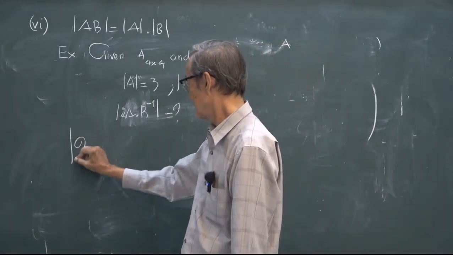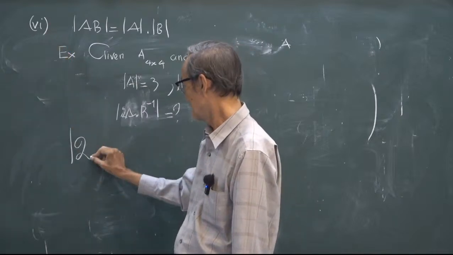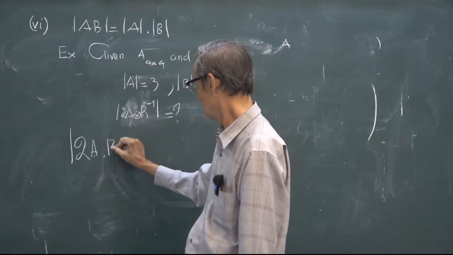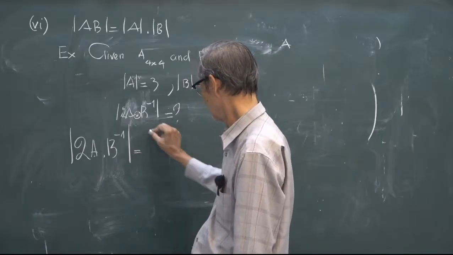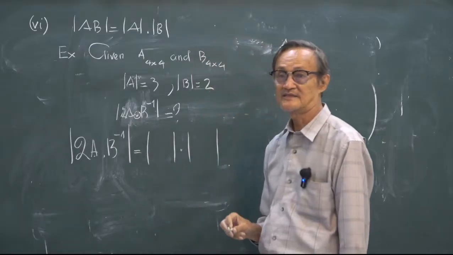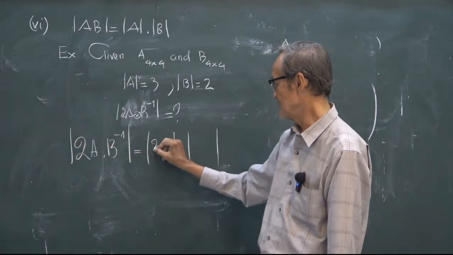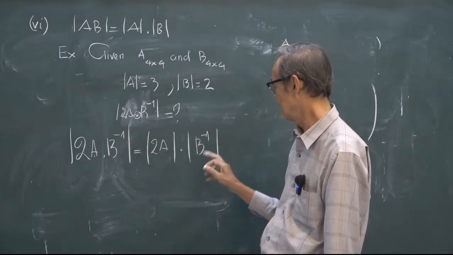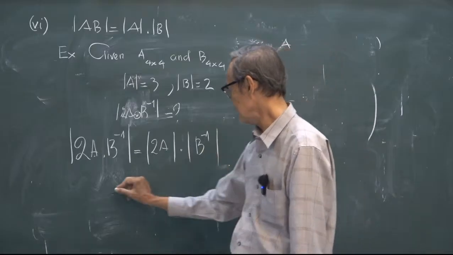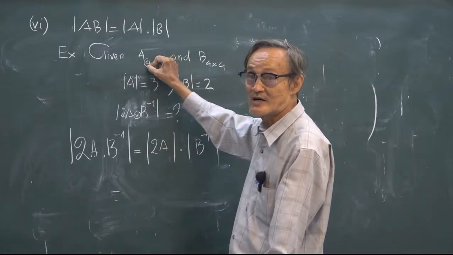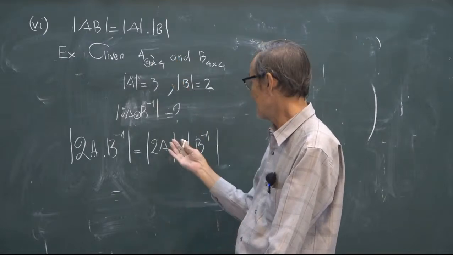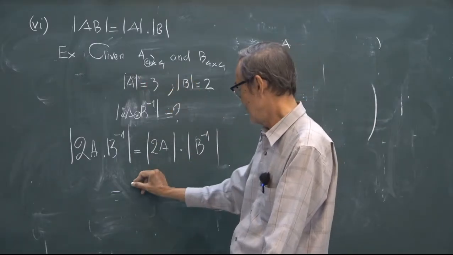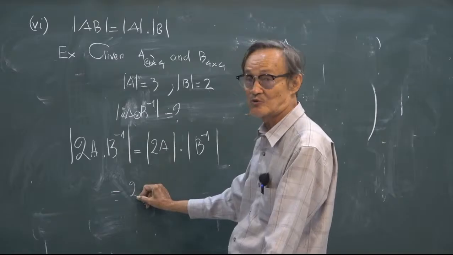First, we use this property to separate the symbols. Separate. Okay. First, 2A. Second, B inverse. Now, A has 4 rows. We check the common factor of each row. We have 4 rows. Row 1, row 2, row 3, row 4.